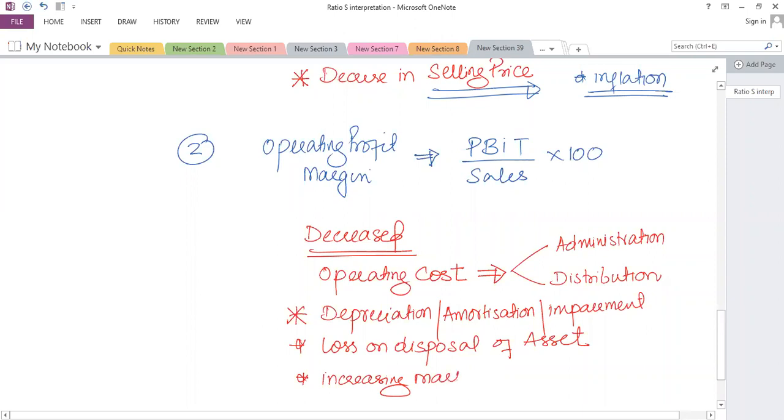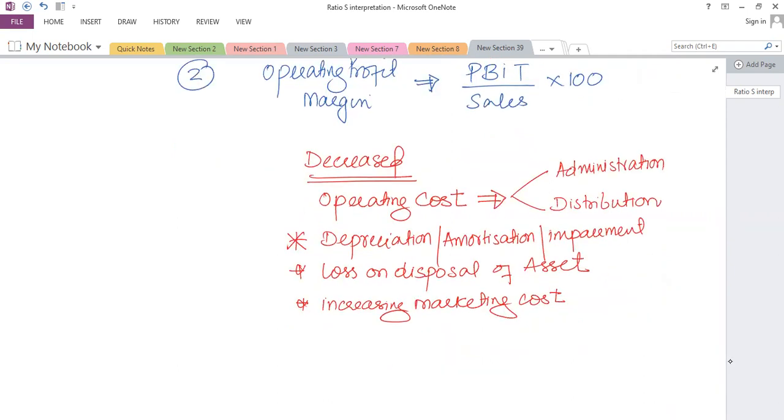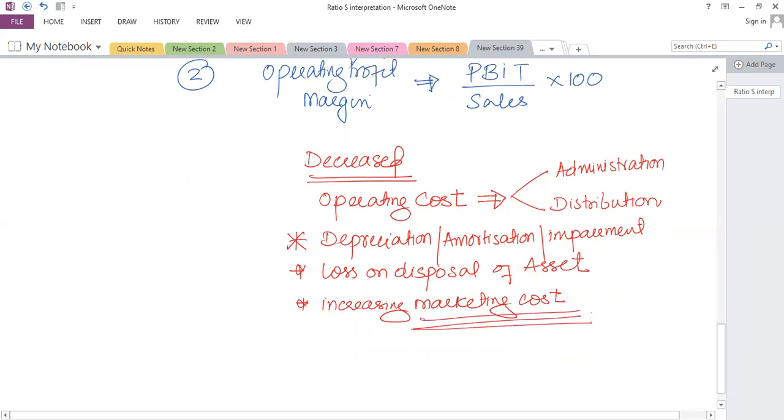Suppose the company has heavily invested in marketing and, as a result, marketing cost has increased. So operating profit margin has decreased, and a student writes that the company's performance is not good. You have to see the scenario and why there is a change in the cost.